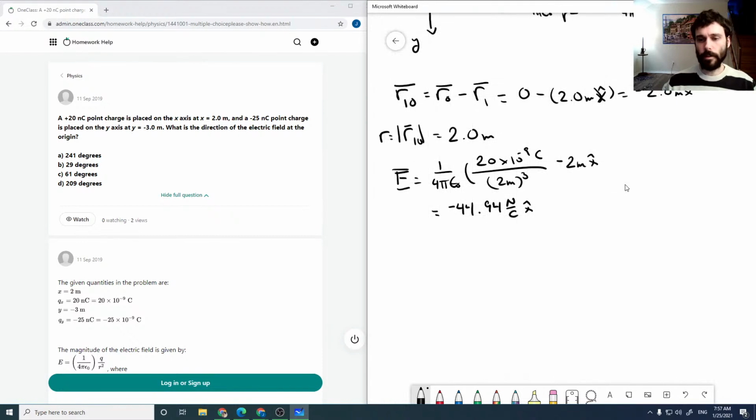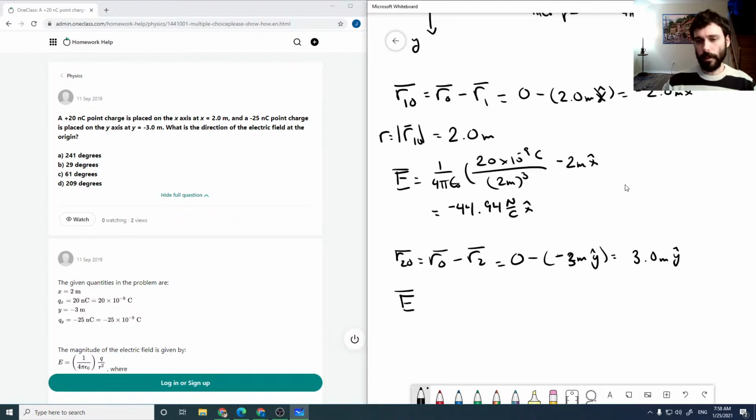Now our R20 vector is again just R0 minus R2, which is 0 minus our -3 meters in the y hat direction, or just a positive 3 meters in the y hat direction.